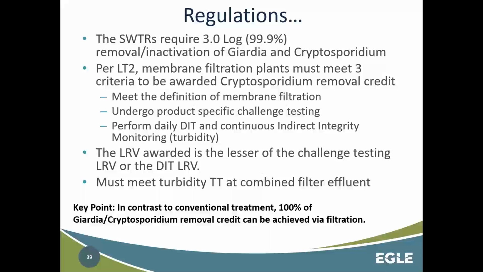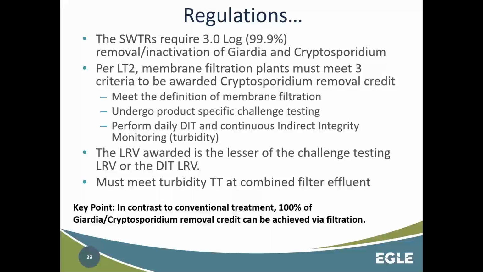And it has to be capable of performing daily direct integrity tests, and have continuous indirect integrity monitoring. That's your online turbidimeters. And then of course you must meet your turbidity limits. So if you meet those conditions, then you get awarded that removal credit. By the way, the definition of membrane filtration, that's way back in the beginning, and that really has to do with what that nominal pore size is.